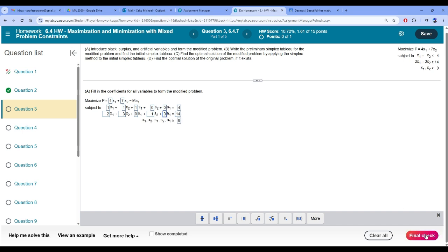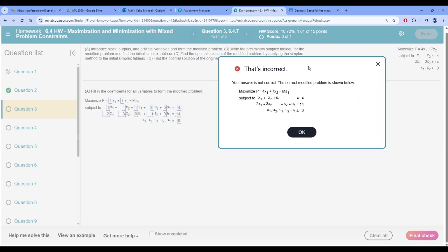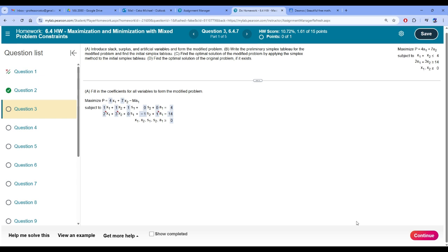I think A1 is going to be... Your answers are not correct. Where did I mess up? 4, 2, minus 1. 1, 1, 1, 0, 0. It was a +2, +3. But why was that one... Why did that one have... Alright. I had the right thinking. I just didn't know what to do with that A1.